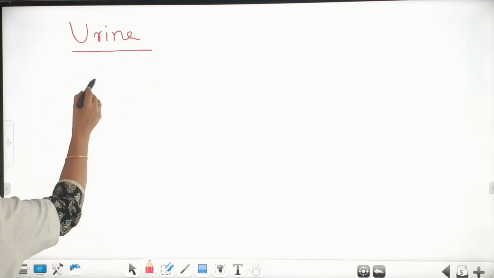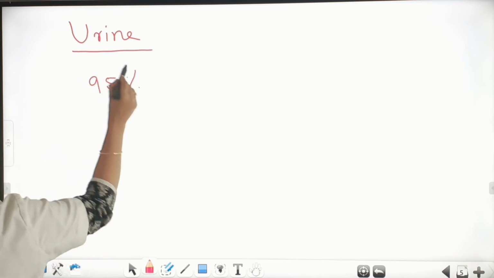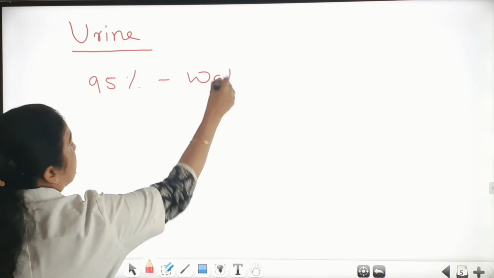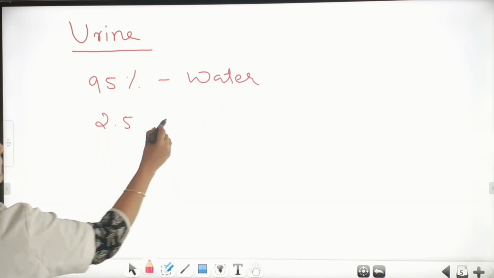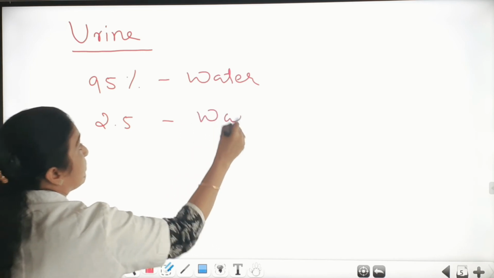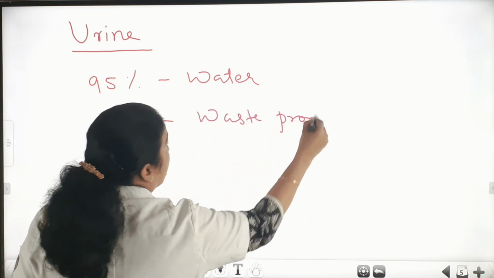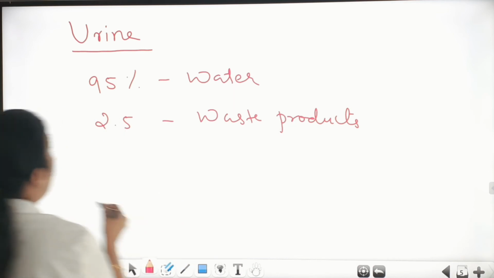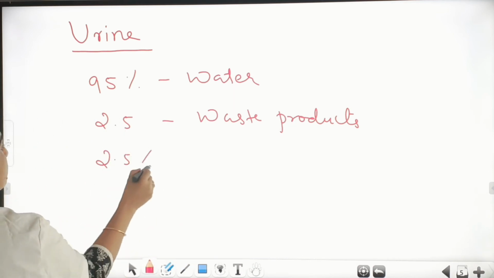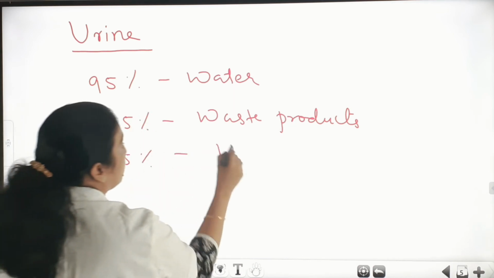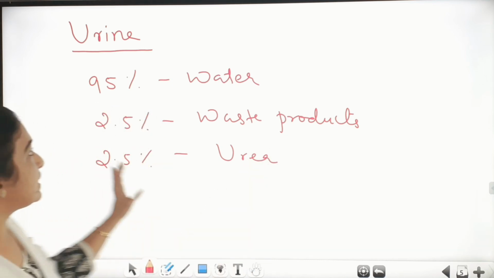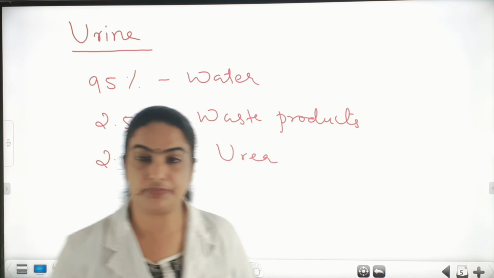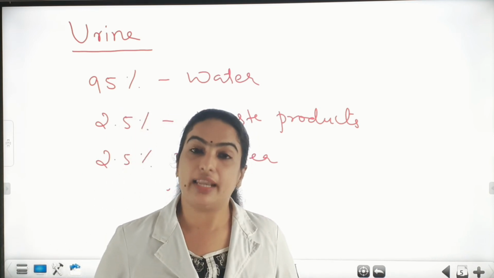The urine consists of 95% of water and the remaining 5%, out of that 2.5% is waste products and another 2.5% is urea, nitrogenous waste such as urea. So this yellowish liquid called the urine is collected in the collecting duct.